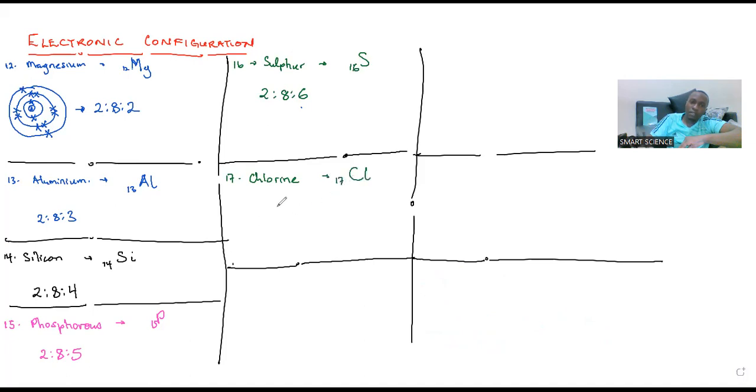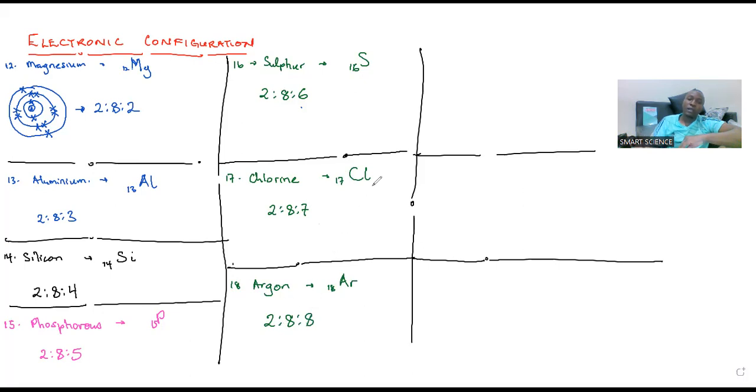Atomic number 17, which means electron configuration is 2, 8, 7. 18 is argon, symbolized by capital A, small r. Atomic number is 18. Therefore, electron configuration is 2, 8, 8.